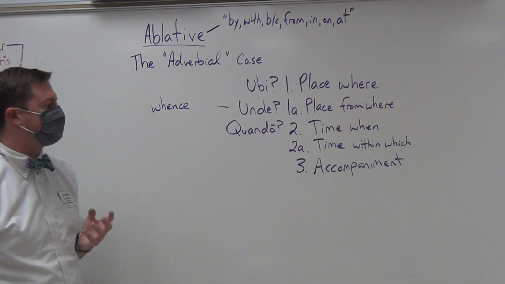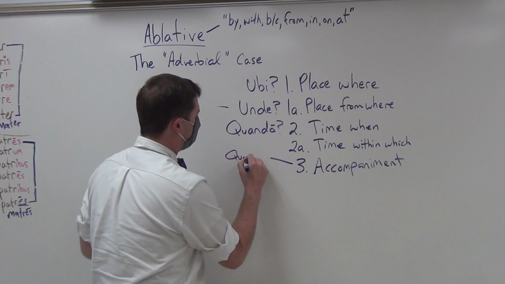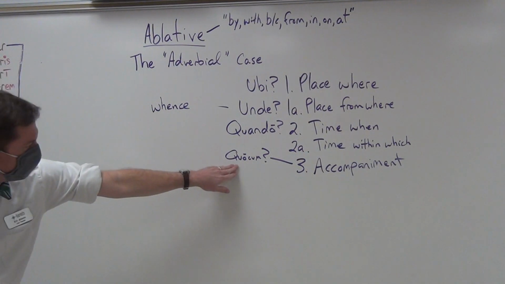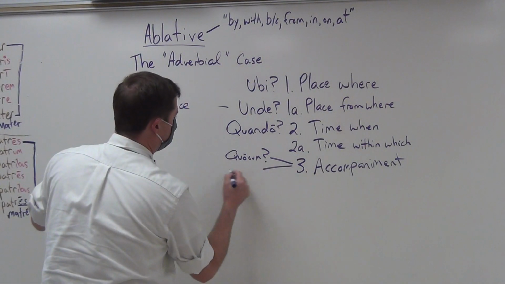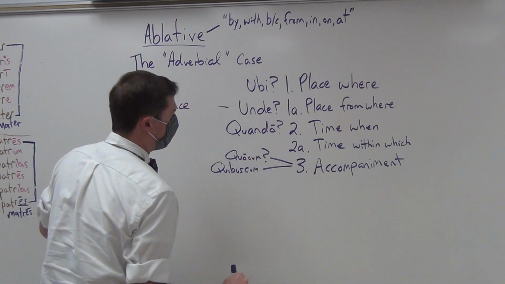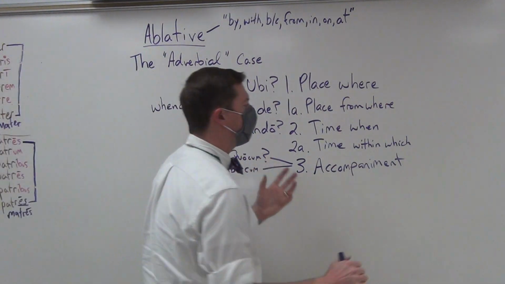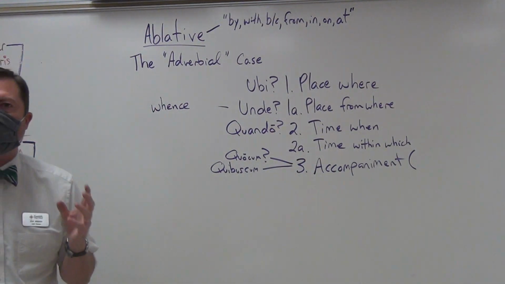And the questions that it is going to be asking, or answering I should say, would either be quocum, asking with whom, with what singular person do you commit the action, or you can have the plurality of that, quibuscum. Now, an ablative of accompaniment is always going to have the preposition that means with.